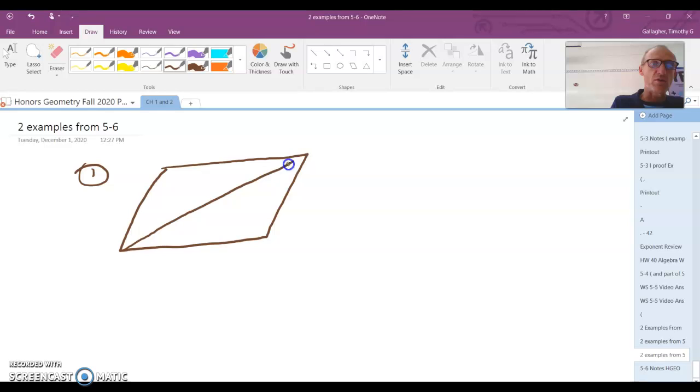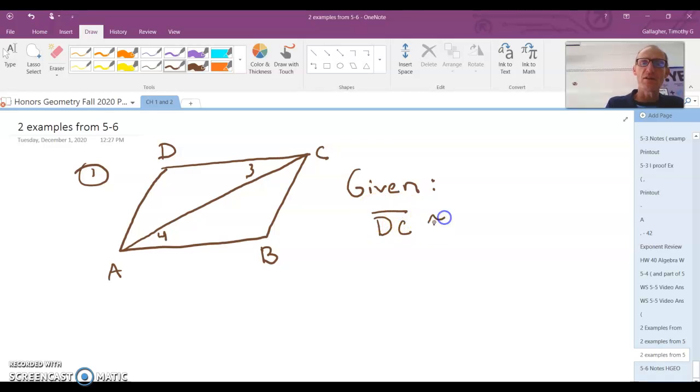This is a quadrilateral, this is a diagonal, this is angle 4, this is angle 3, and the four corners are A, B, C, and D. We are given that DC is congruent to BA, and we're also given that angle 3 is congruent to angle 4.